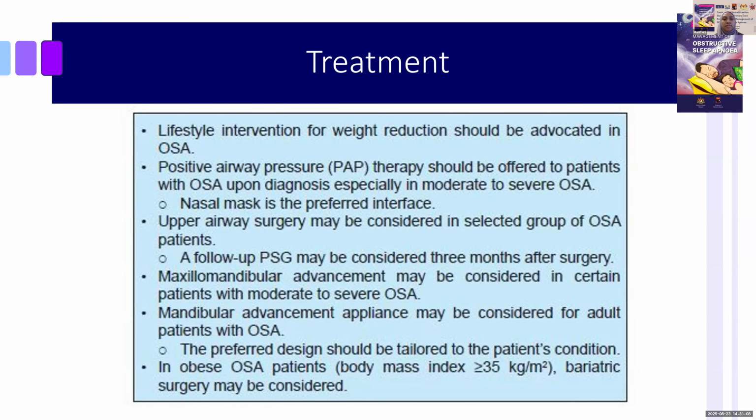A follow-up PSG may be considered 3 months after surgery. Maxillomandibular advancement may be considered in certain patients with moderate to severe OSA. Mandibular advancement appliance may be considered for adult patients with OSA, and the preferred design should be tailored to the patient's condition. In obese OSA patients, which is BMI more than 35 kg per meter squared, bariatric surgery may be considered.